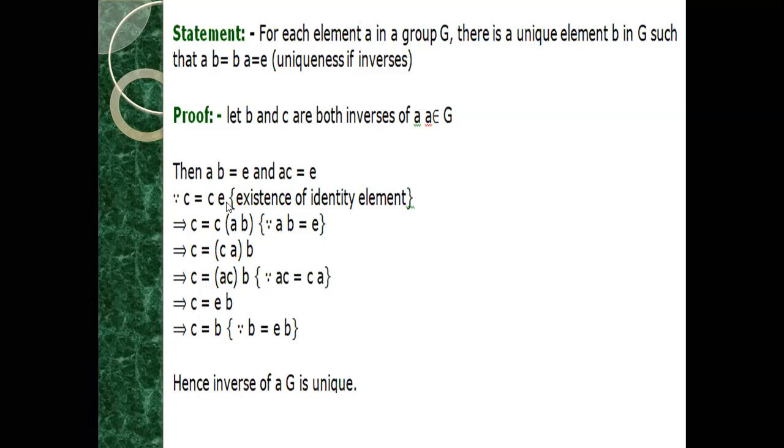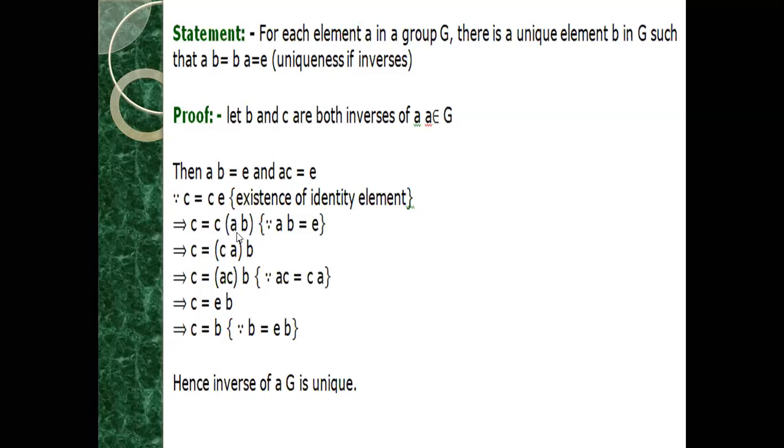A is equal to AE. Similarly, considering the identity element for C, we write C is equal to CE. So C is equal to C into E, and here E equal to AB. We replace the E value with AB. Okay. So C is equal to C(AB).